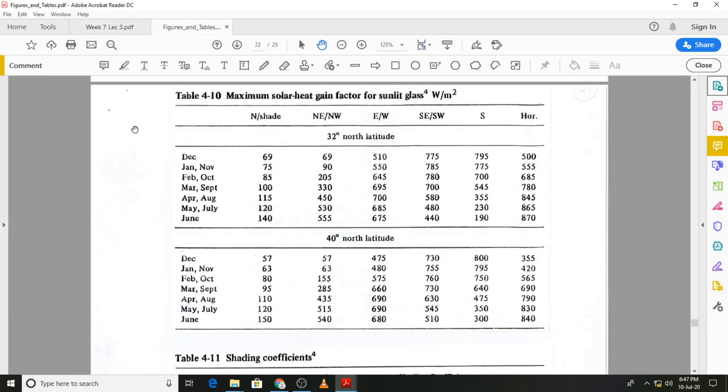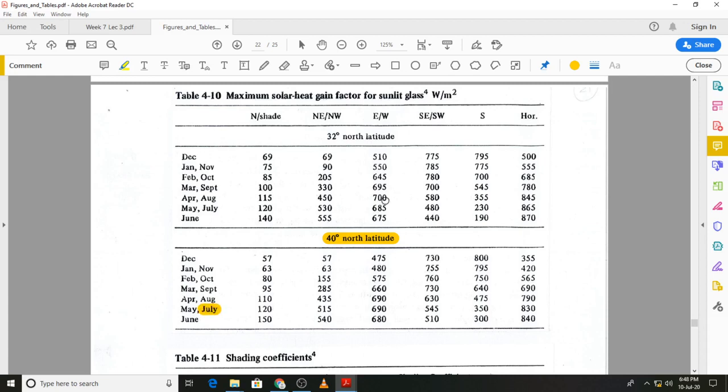So the first is the maximum value of solar heat gain factor. We are given two sets of data, one for 32° north latitude, the other for 40° north latitude. The building that we are interested in has a latitude of 40° north. So the second set of data is what we are going to use. The SHGF value is to be found out for the month of July, and that's all we need.